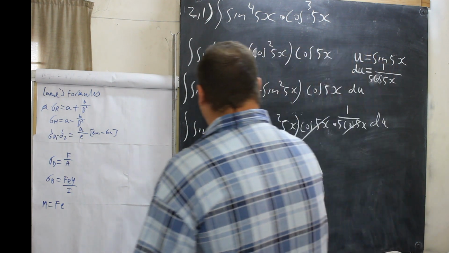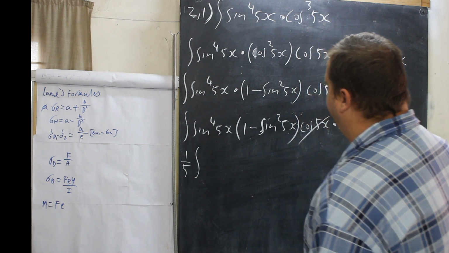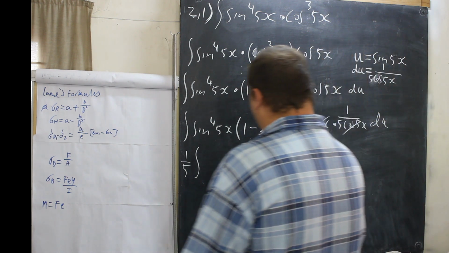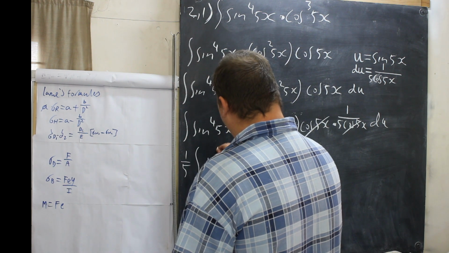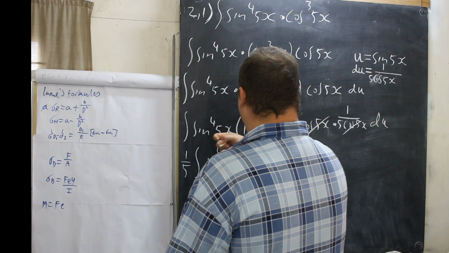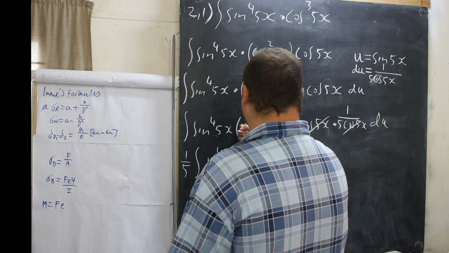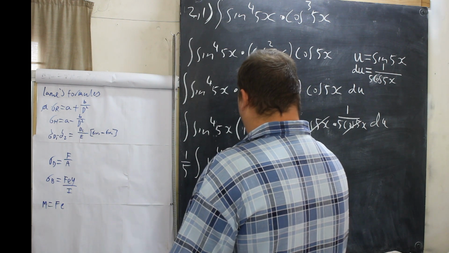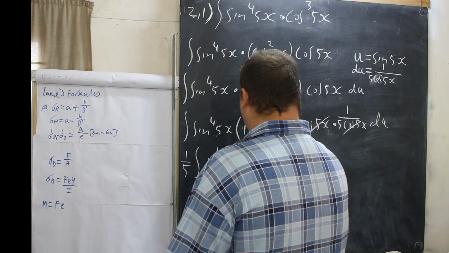So now we replace sin(5x) with u. So it's u to the power 4, times 1 minus u squared. Now u to the power 4 times 1 is u^4, and 4 plus 2 is 6. So minus u^6.